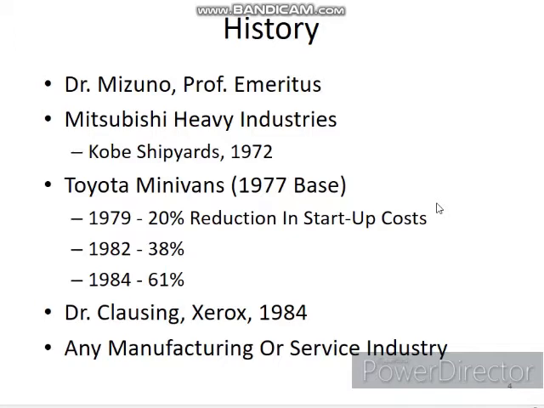So whether you're offering a physical product, or you are offering a service, you can implement QFD, and you gain the benefits of ensuring that your product design meets the customer requirement, and also a reduction in startup cost accordingly.